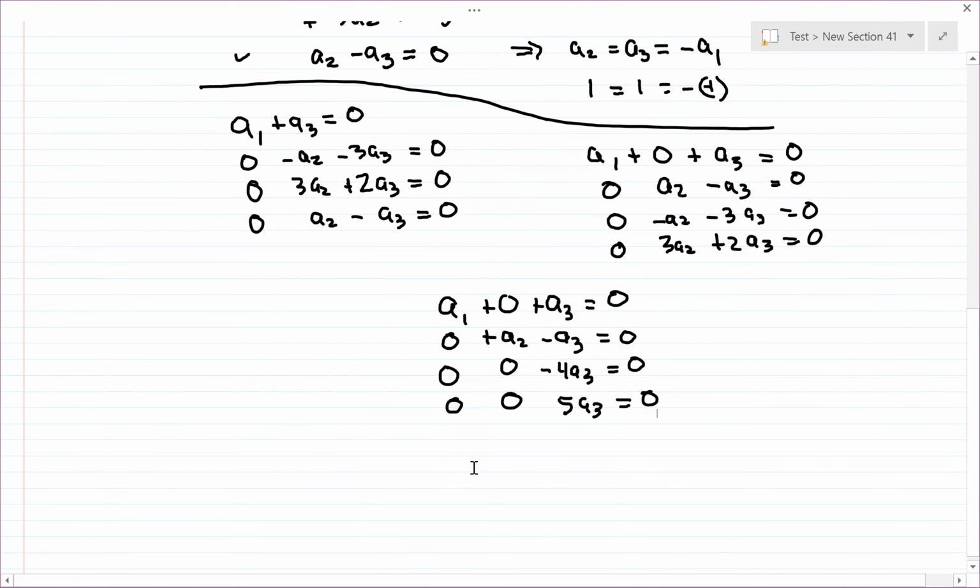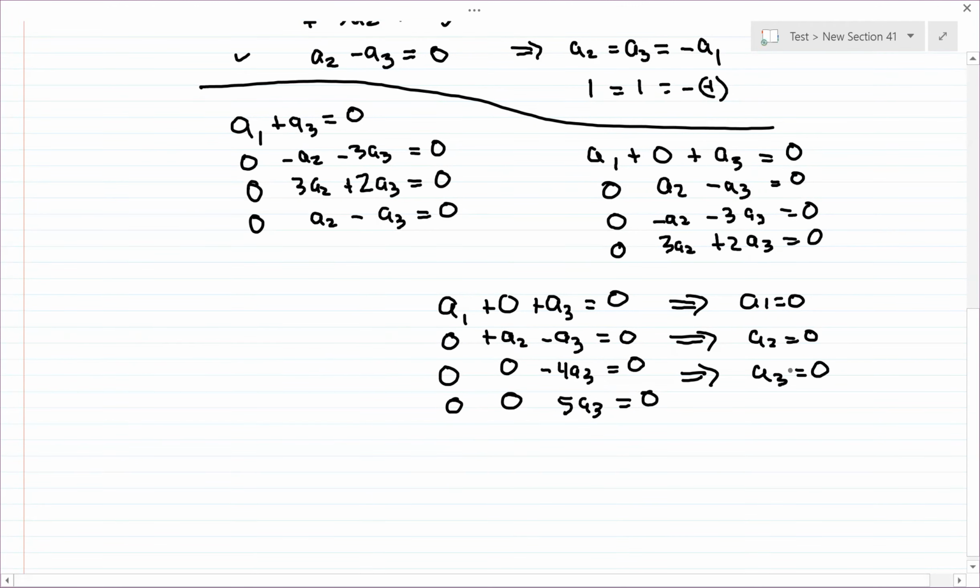And what now? I can keep going, but from this A3, these imply A3 is 0, right? And if I know A3 is 0, that implies from this one that A2 is 0. And if A3 is 0, that implies what from the first one? That A1 is 0. So the only solution of this is the 0, 0, 0 solution, because the solution to this system is equivalent to the solution of this system.